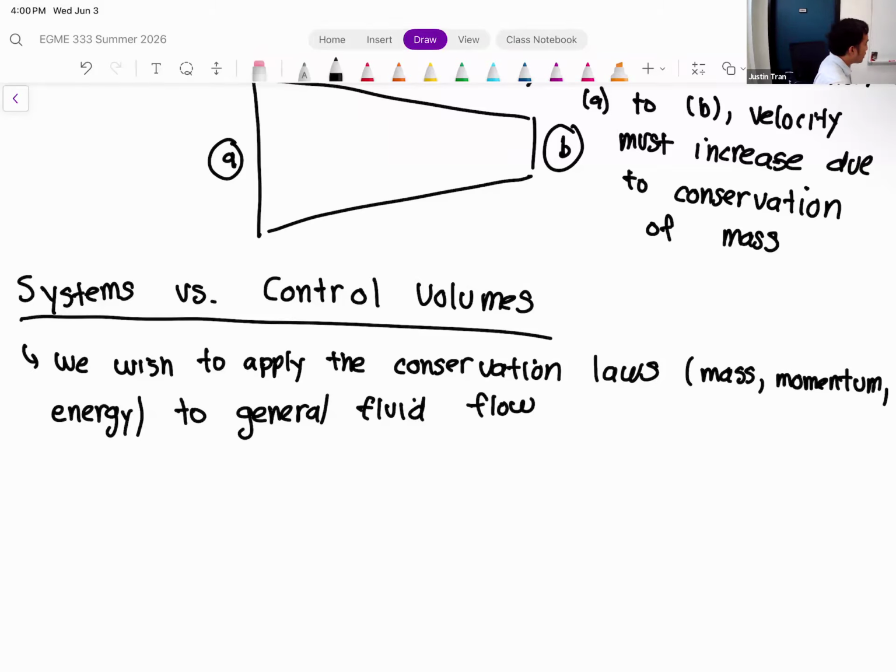The issue here is that, because fluid flow is constantly moving, it's difficult to apply these conservation laws, because the traditional conservation laws are formulated in terms of a fixed amount of mass or a fixed amount of substance.